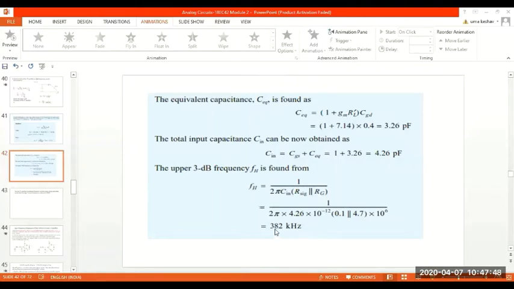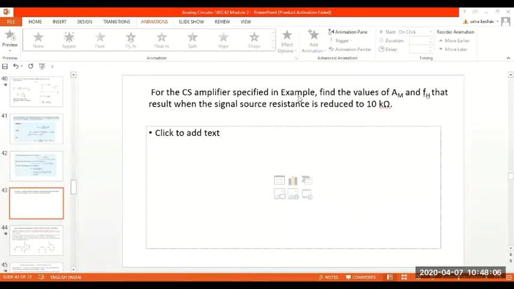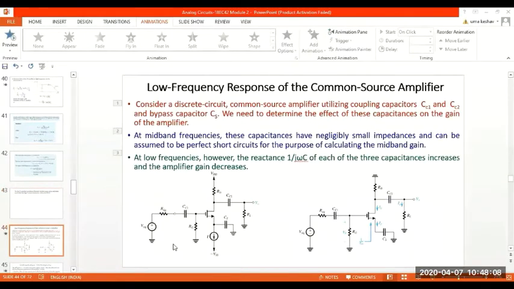FH will be, instead of 382K, 3820K or 3.82 megahertz. So decreasing the value of RSig will increase the upper cutoff frequency, which you can try out.